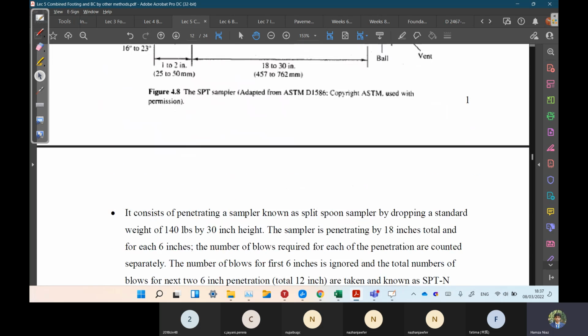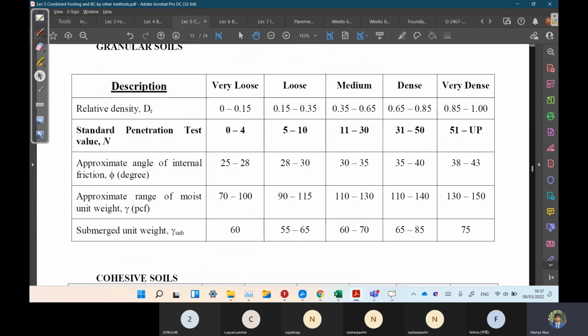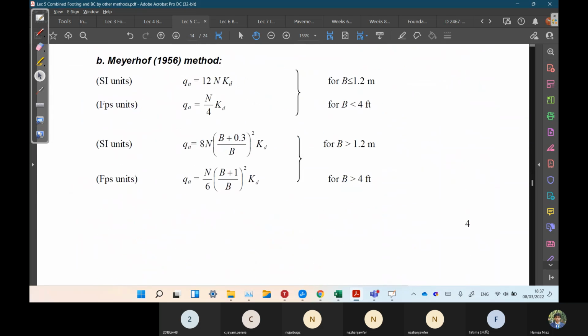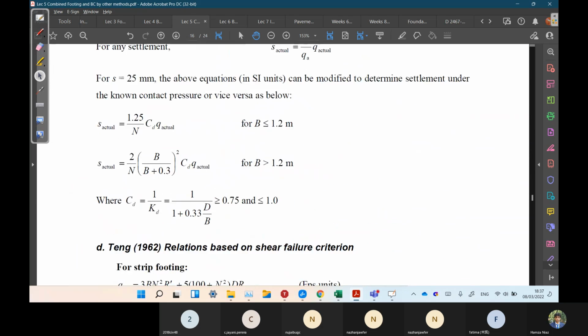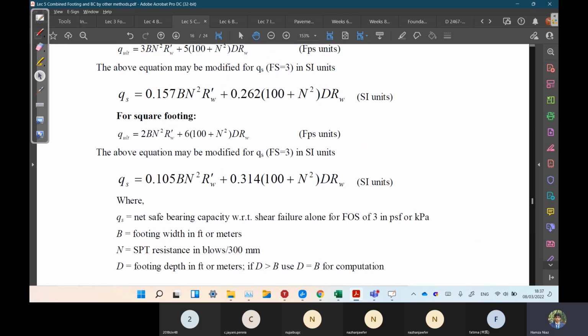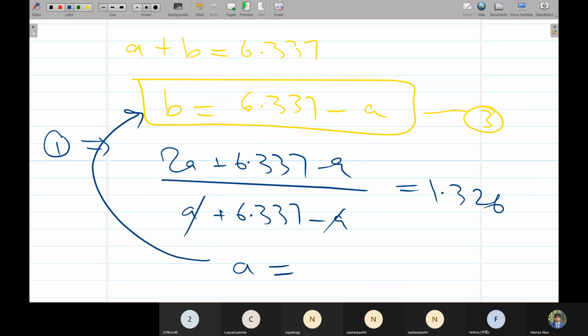All right, should we move forward? So afterwards, we have two types of bearing capacity equations.